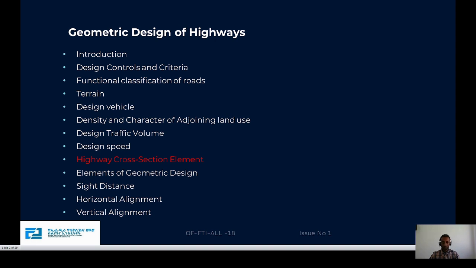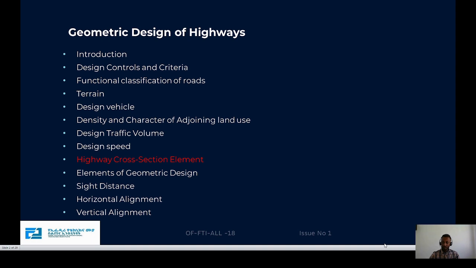Light vehicles have a high design speed, and for heavy vehicles the design speed is decreased. Lastly, we will deal with those subtopics in more detail.